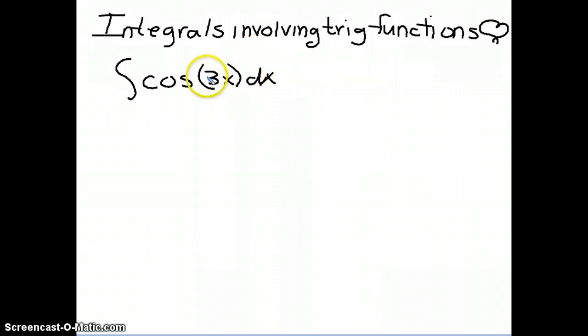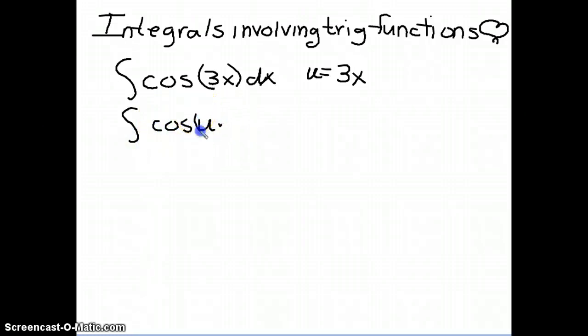And so if the integrand is exactly like one of those rules, your u substitution is for the angle. So we're going to do the same thing that we did before. We're going to let u be 3x. Same idea as before. The integral of cosine u. So now it's looking more like the rule. Here's u. But I still have the dx.